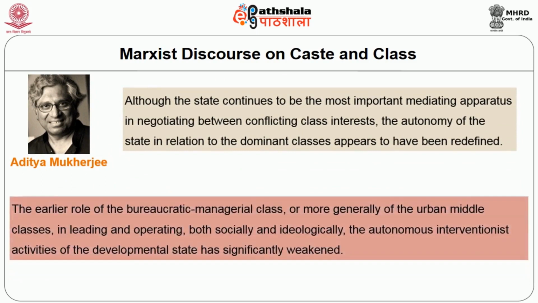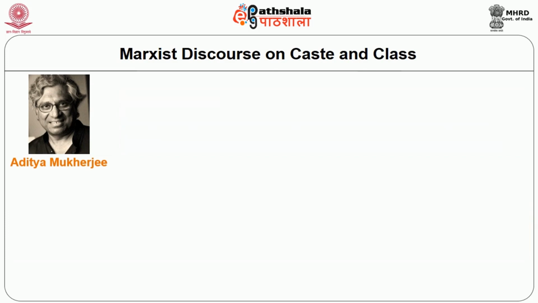Crucially, the earlier role of the bureaucratic managerial class, or more generally of the urban middle classes, as leading and operating both socially and ideologically, and the autonomous interventionist activities of the developmental state, has significantly weakened.